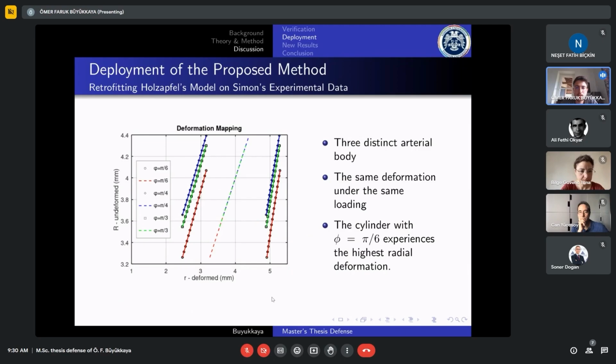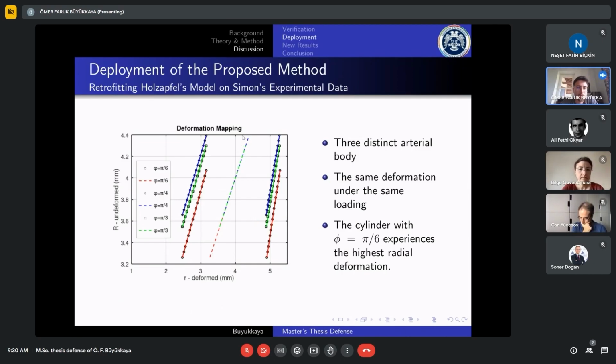Actually, we have three distinct arterial bodies, since we have fitted the experimental data by using different fiber angles that produce different cylinders at the beginning of the deformation.